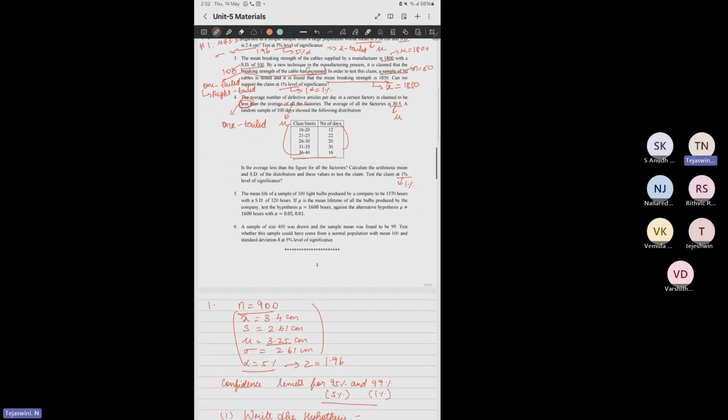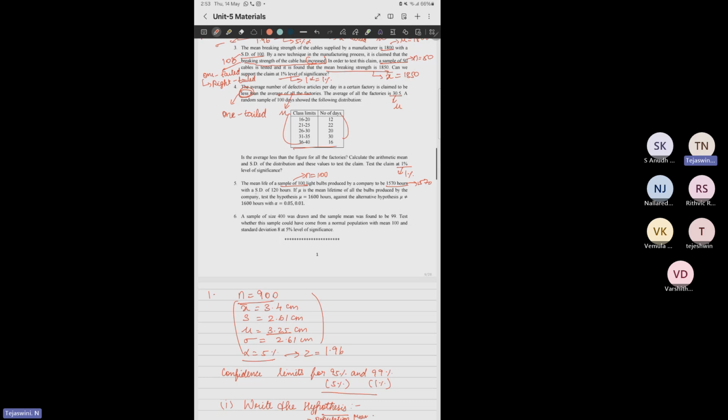Fifth question: the sample size is n is equal to 100. The mean is given to be 1570, and the standard deviation is 120 hours.